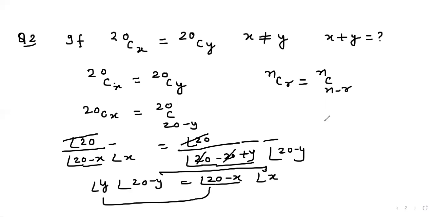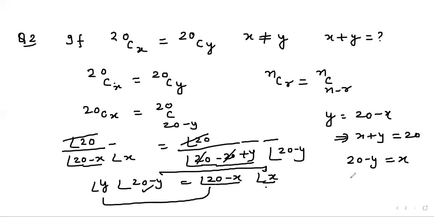So we can say that y must be equal to 20 minus x, which gives x plus y equal to 20. The same will be true from here: x must be equal to 20 minus y. So from here also we will get the same thing. So x plus y is 20.